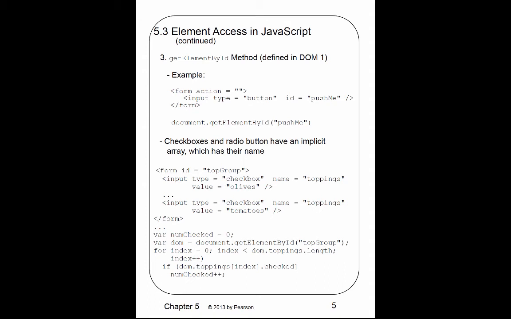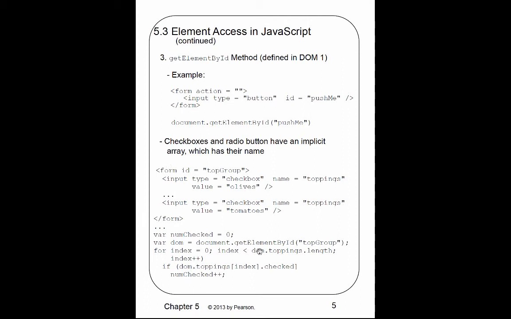If you look at the bottom example there, document.getElementById("topgroup") assigns to the variable called dom a reference to that form, right? Because the element with ID equal to topgroup is actually a form. So dom here becomes a programmatic reference to this form.